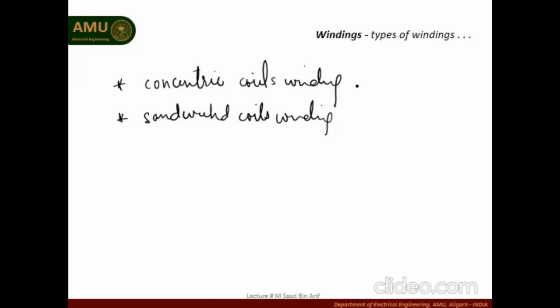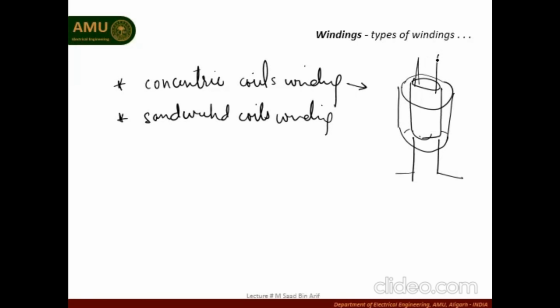If we talk about the concentric coil winding, then in this type of winding arrangement, first we place a low voltage winding, and at the outer end of the low voltage winding we place a high voltage winding in a concentric cylindrical shape, and the core passes through the center of the winding.